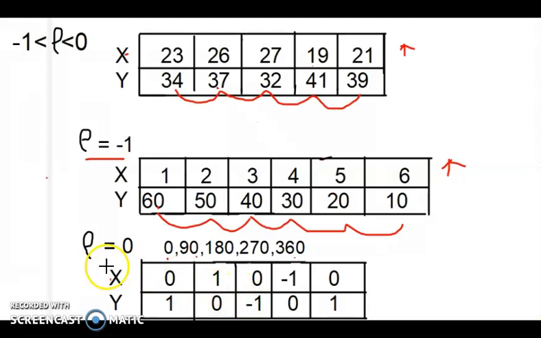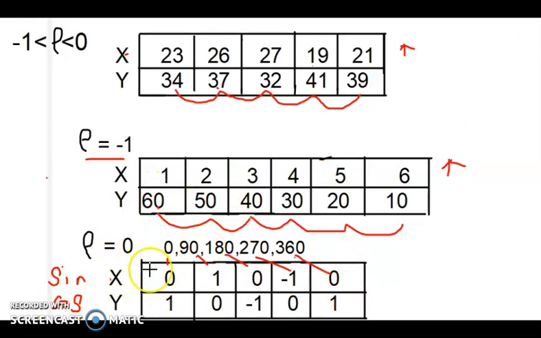For no correlation, I take two independent values, one sine and another cos. If I put the angles between 0 and 360 degrees like 0, 90, 180, 270 and 360, I get values like this which are independent of each other.